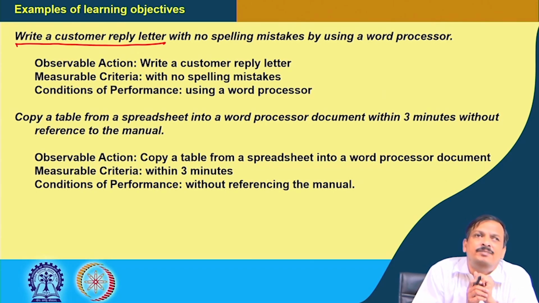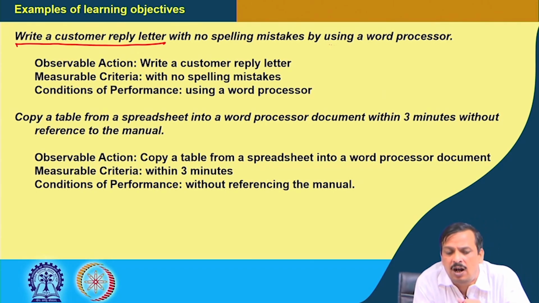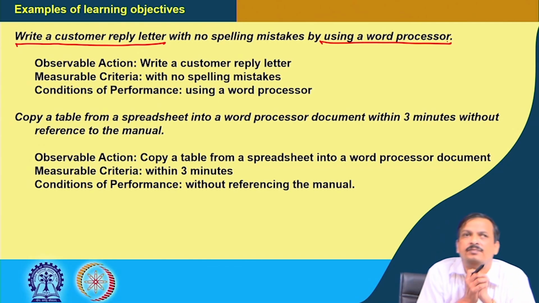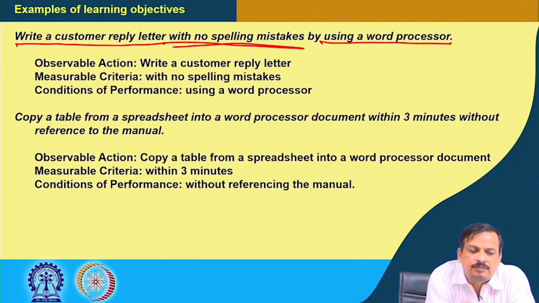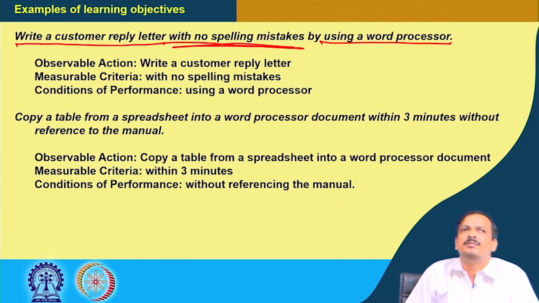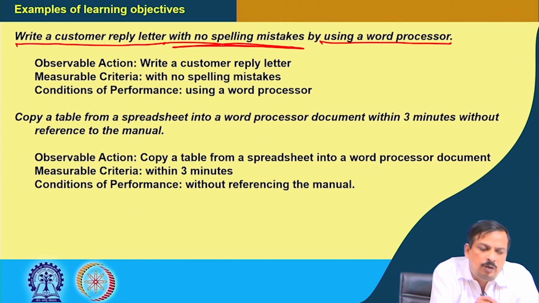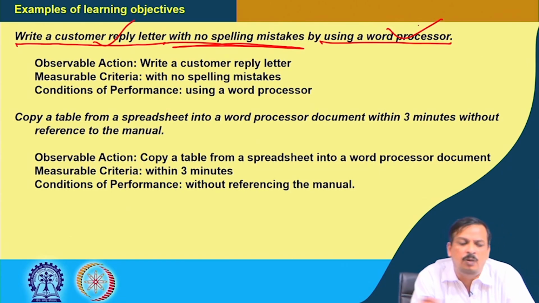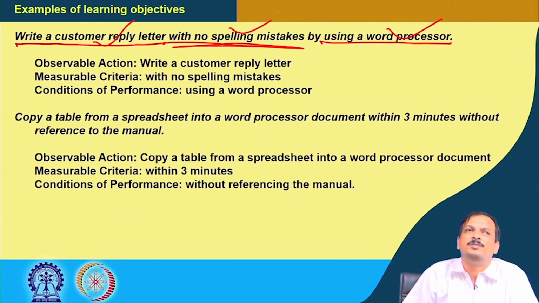What is given? A word processor is given, it is not without a word processor. What is the criteria I want? Without any spelling mistake. So, performance component, condition component, criteria component.